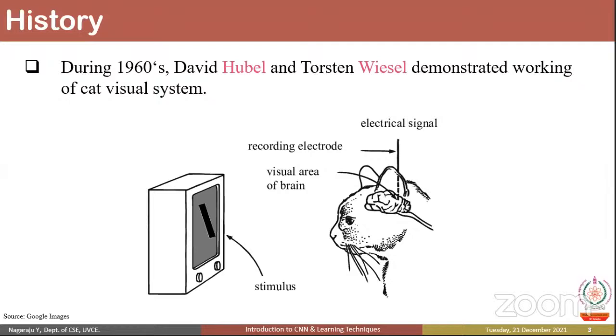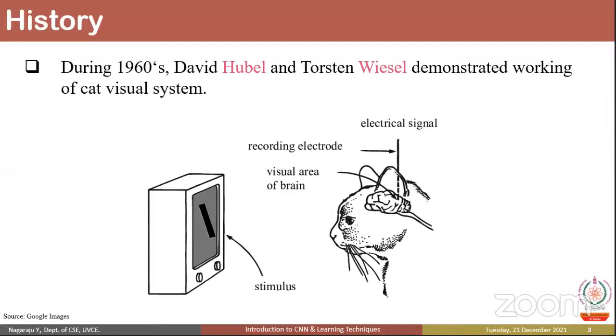Okay, and then using this work, both of them introduced a model called cascading model. A cascading model they proposed, which consists of simple cell and complex cell. So we'll be seeing in the next slide what is complex and what is simple cell.